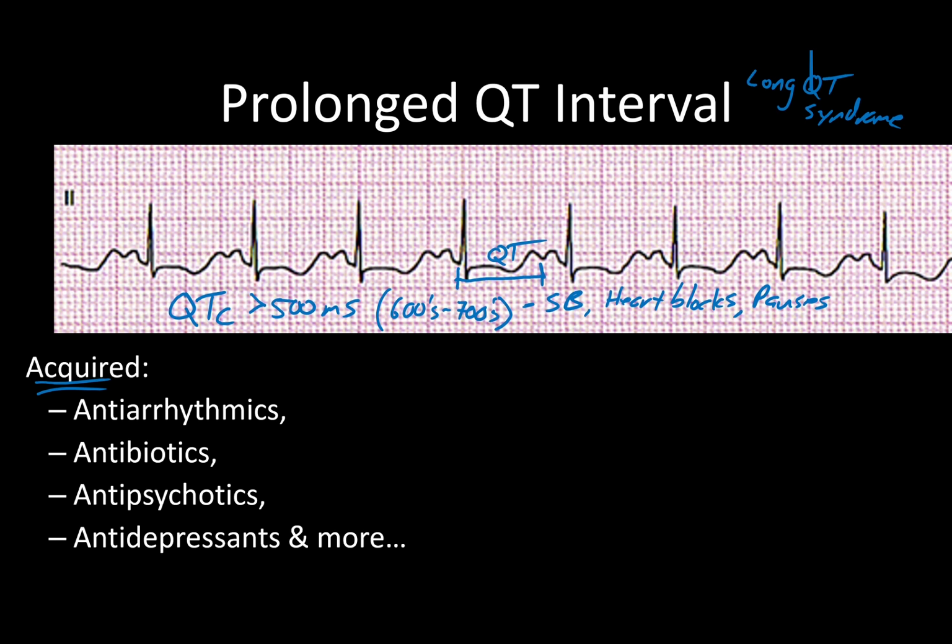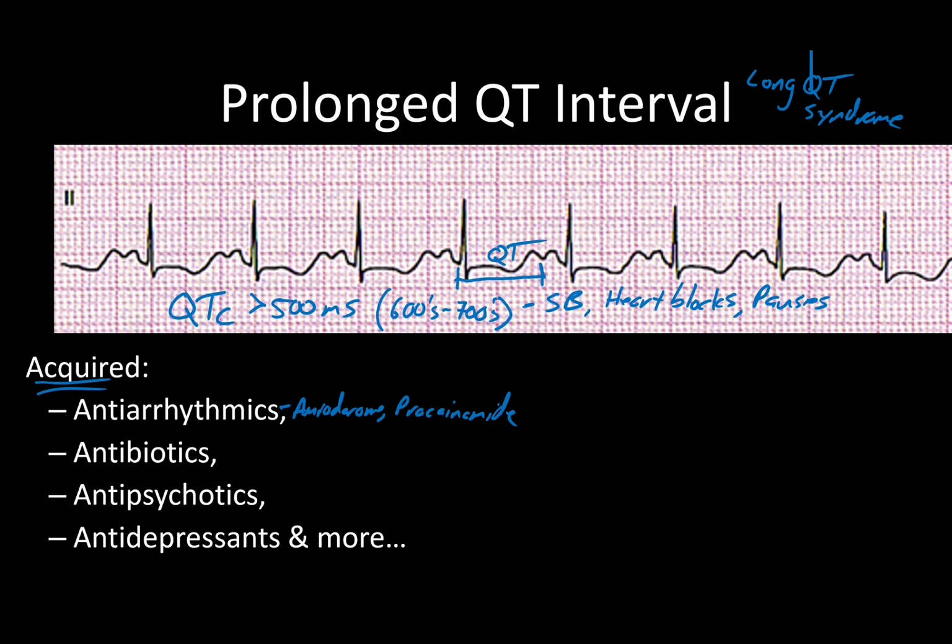Drugs tend to be the biggest cause when we talk about the acquired, so here's just a couple of them to refresh your memory. You've got amiodarone, procainamide, which we don't really give much at our facility, but other ones may use it.